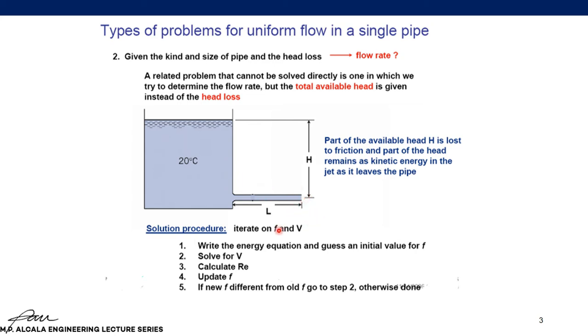To iterate the friction factor and the velocity, we write the energy equation, guess an initial value for the friction factor, solve for the velocity, calculate the Reynolds number, and update the friction factor. If the new f is different from the old f, go back to step 2. So it is a repeated process. It's easier said than done.